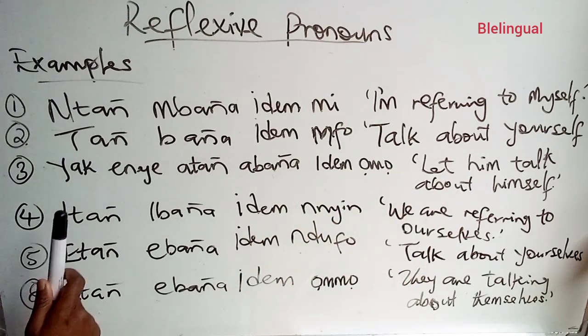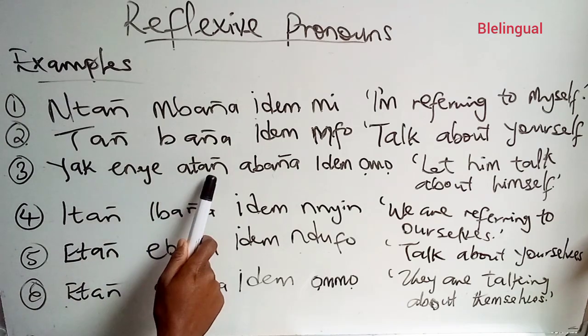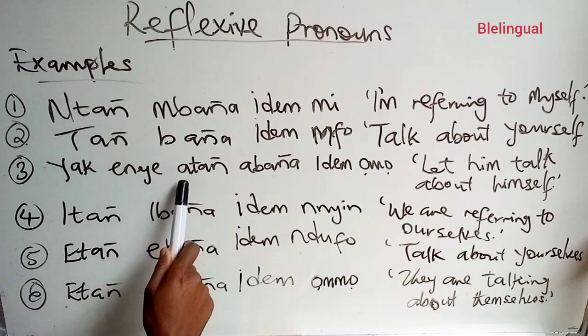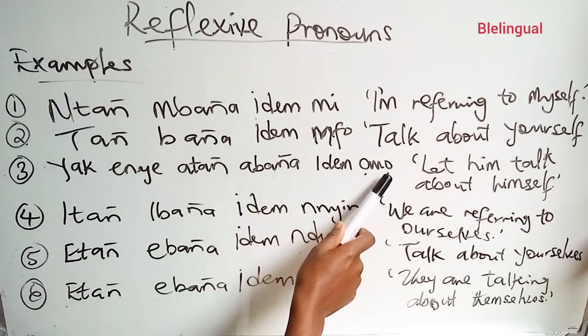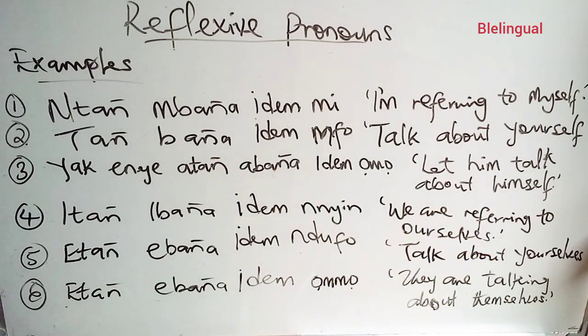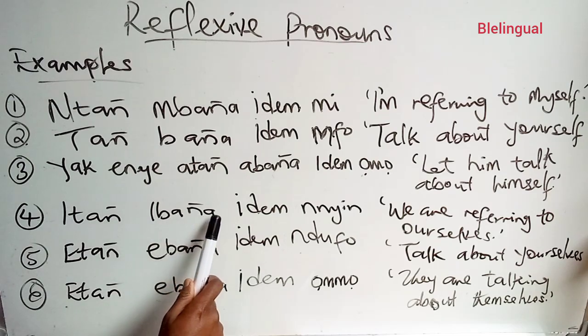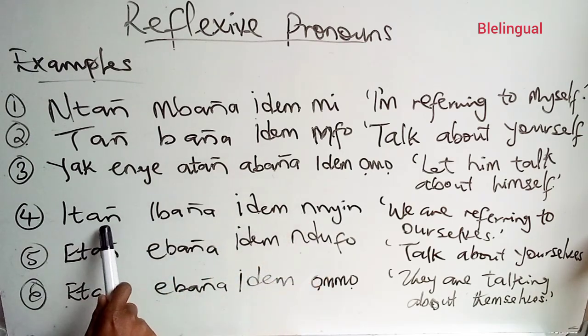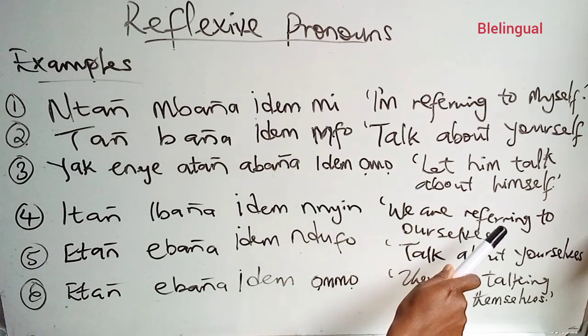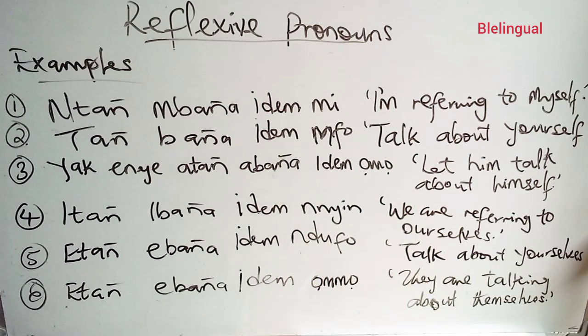Number three, yak enye atang abanga idem omo. Let him talk about himself. Itang ibanga idem nyen. We are referring to ourselves.